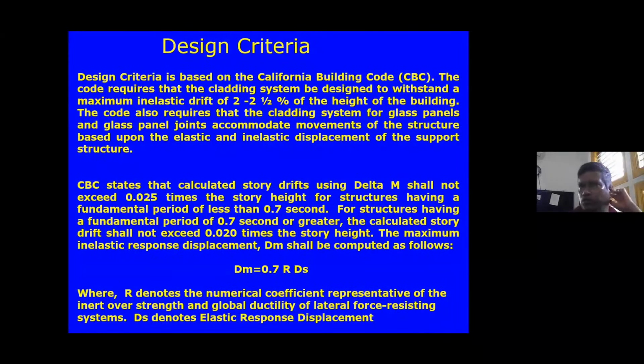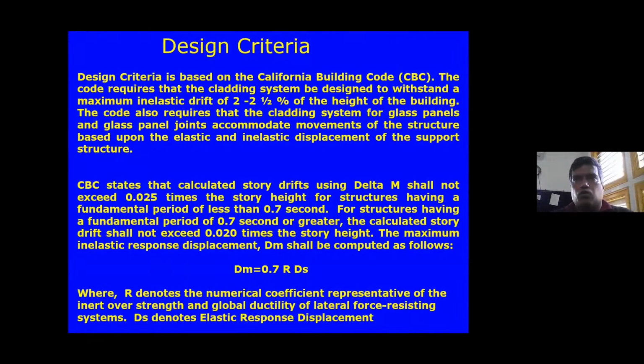So buildings up to 5 to 7 stories are called low-rise buildings. They are supposed to accommodate about 2.5% of the drift. What it means is if there is a 10 feet tall, single-story building, it should accommodate about 2.5%. If it's 100 inches, it will be 2.5 inches.